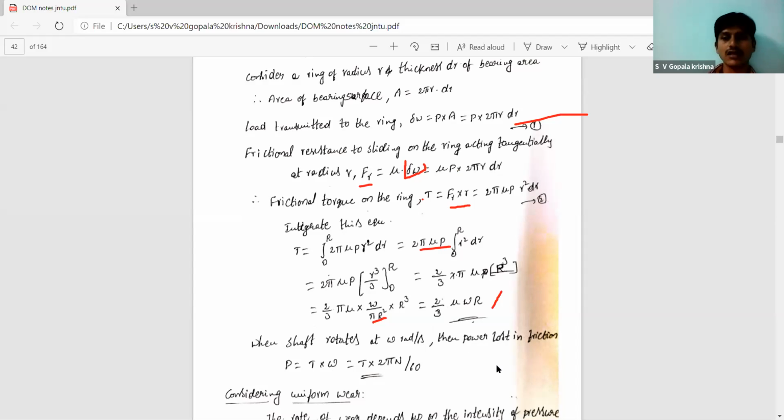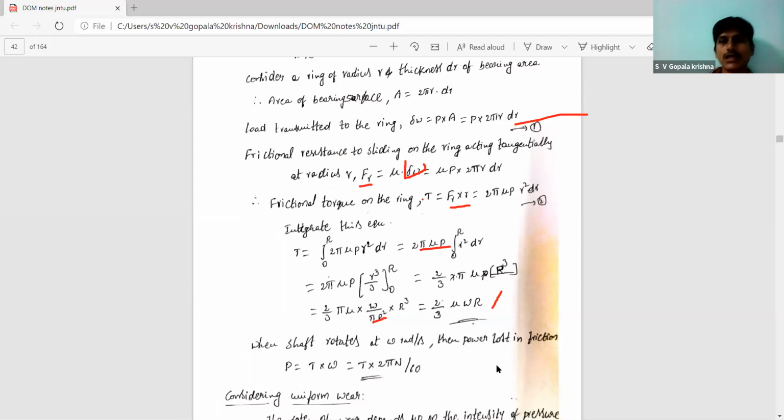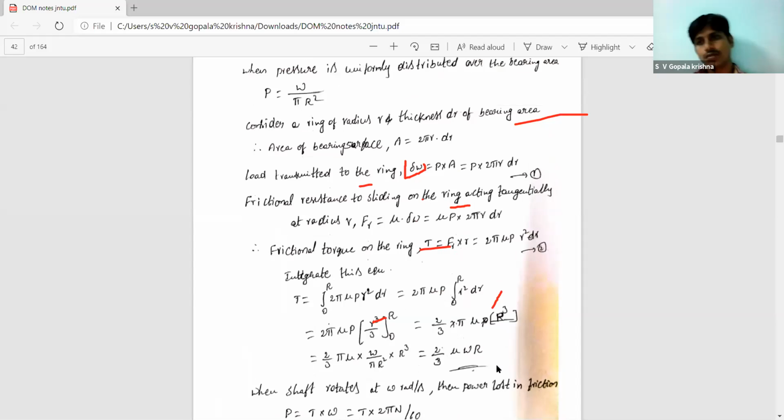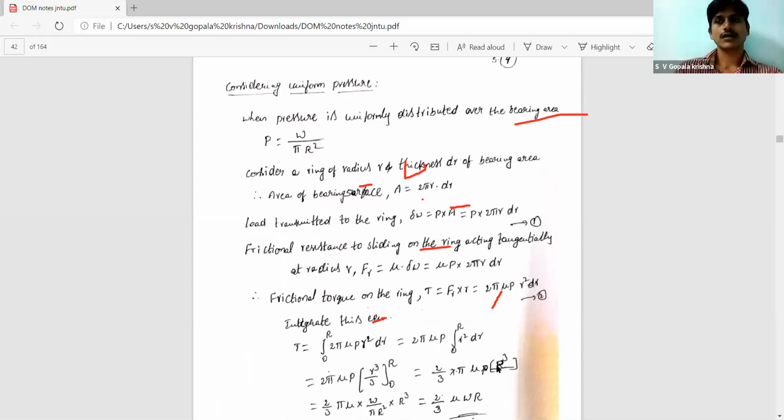So this procedure is very important. Please unmute your mics and ask me your doubts, particularly about this derivation. If you are not understanding these steps, then you ask me.